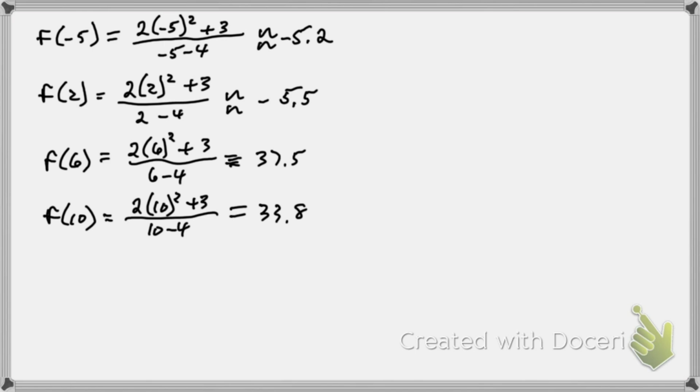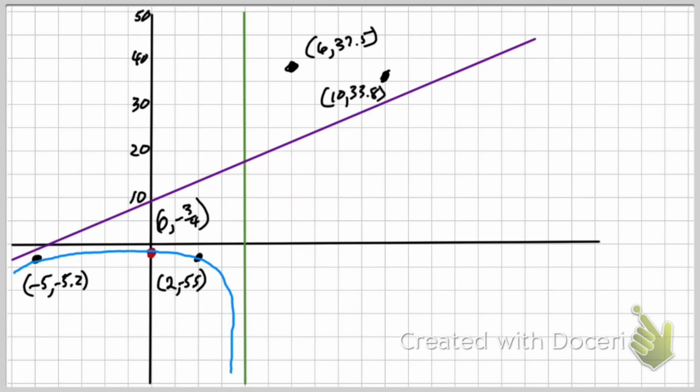So let's plot those. And I know my curve is going to be between the vertical asymptote and the oblique one. So with those 2 points, I can sketch my curve, like that. Nowhere does the curve cross the x-axis, nor does it touch either one of the asymptotes.